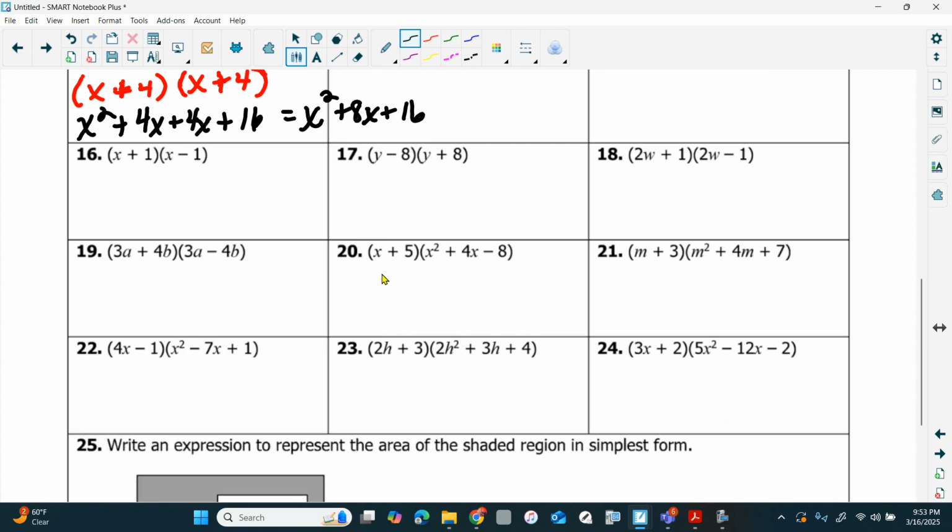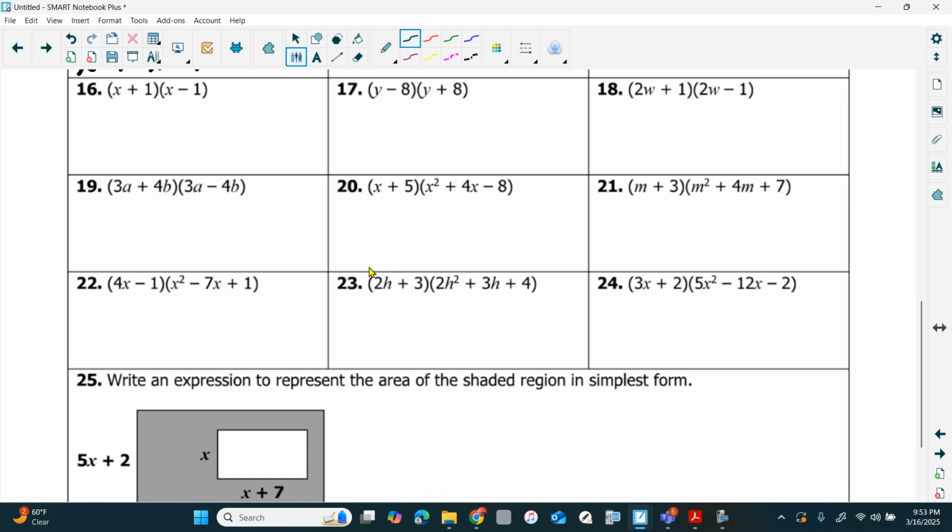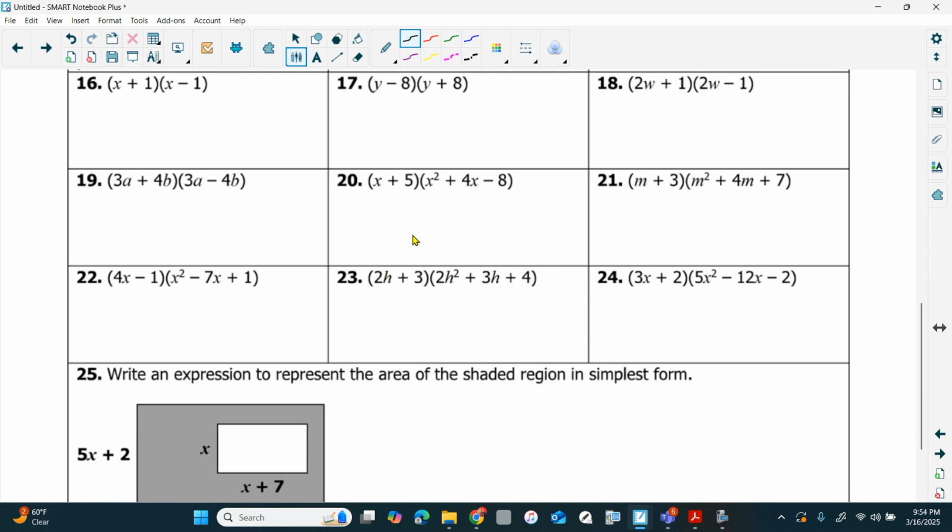Okay, so when you get to 20 on, this is when we have a binomial times a trinomial, because there's 3 terms here. So I tend to, on the video, think of it as distributing, do the first term to each in the parentheses. So x times x squared is going to give you x to the 3rd power. X times this 4x is now going to give you 4x squared.